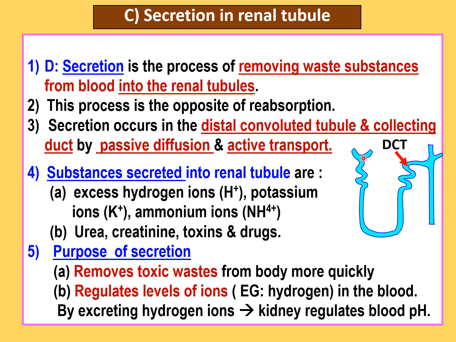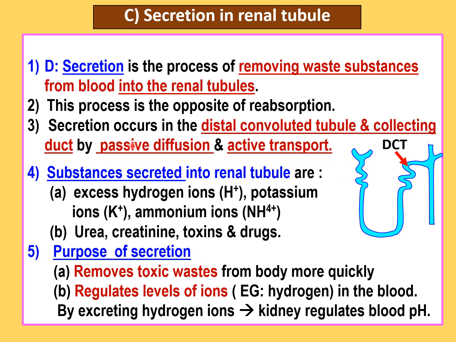But if the waste substances did not filter out here, they can still be secreted from the blood into the renal tubules at the distal convoluted tubule. This process is the opposite of reabsorption, because the substances are moved from the blood into the nephron, whereas in reabsorption, the substances are moved from the nephron into the blood.